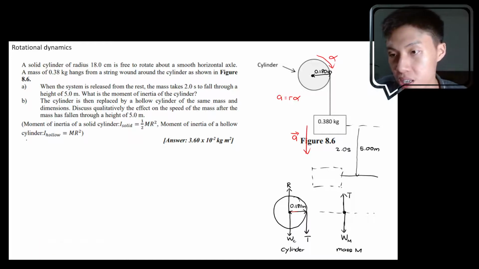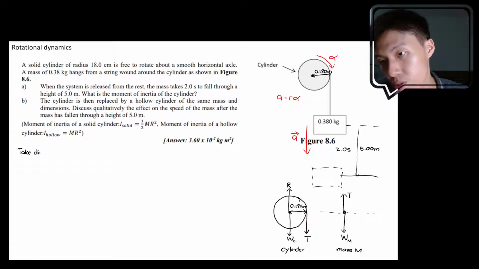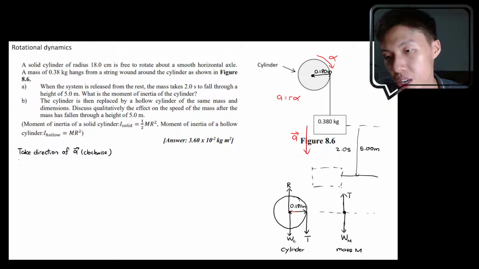So we will take the direction of angular acceleration, which is clockwise, we'll take this direction of angular acceleration, which is now clockwise, as the positive direction.